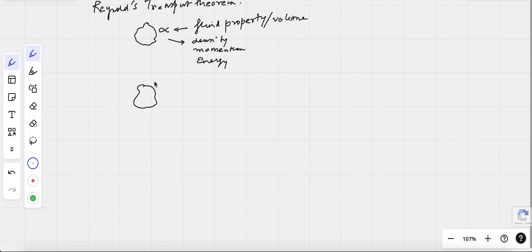Now, this fluid element, after let's say a time of delta t, becomes this fluid element. So, this fluid element has a property of alpha t, has a surface area of S(t), and has a volume of V(t).